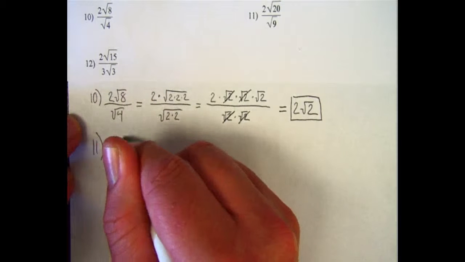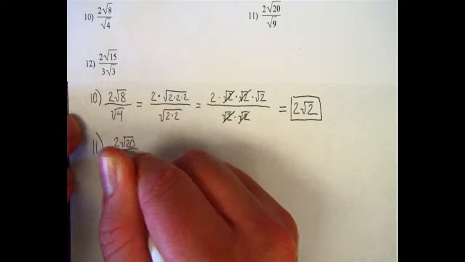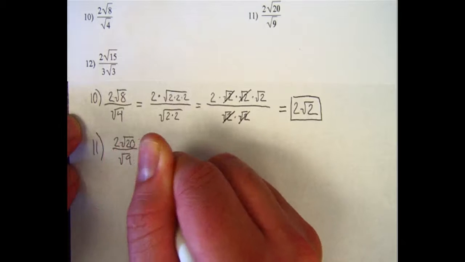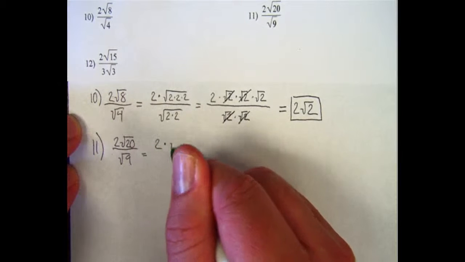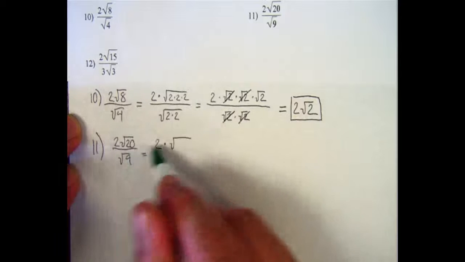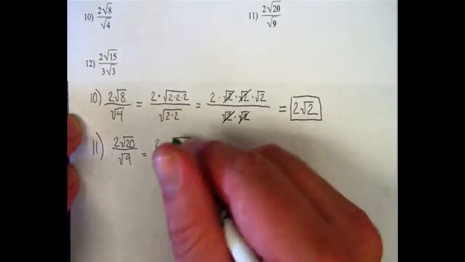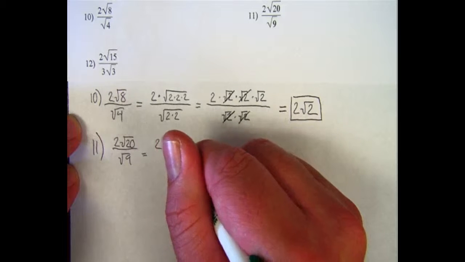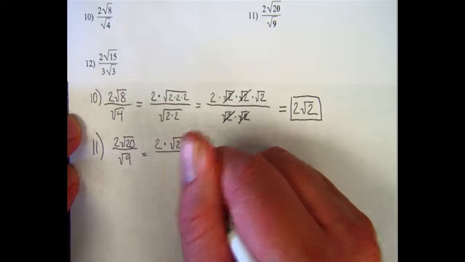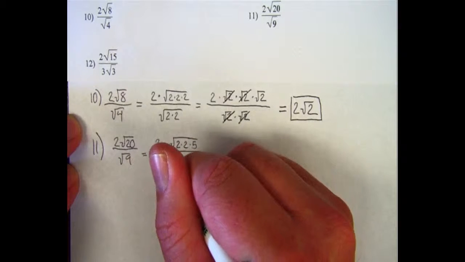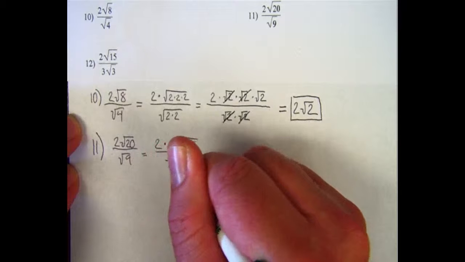For number 11, I have 2 times the square root of 20 over the square root of 9, and I'm going to get the prime factorization of everything. 2 is prime, so I don't have anything to factor there. 20 is 2 times 2 times 5, and 9 is 3 times 3.